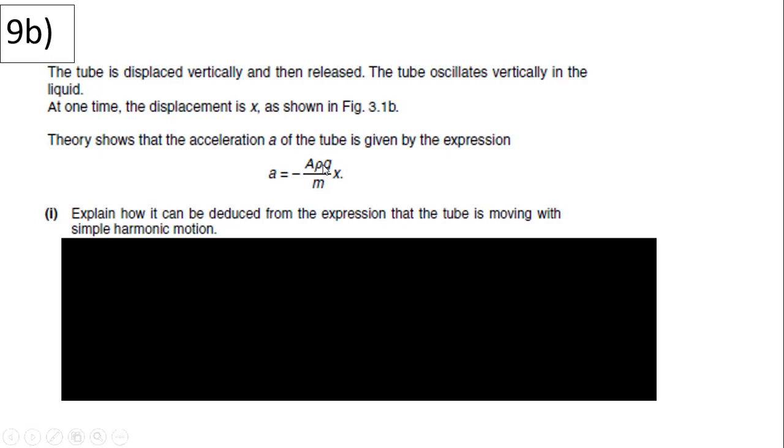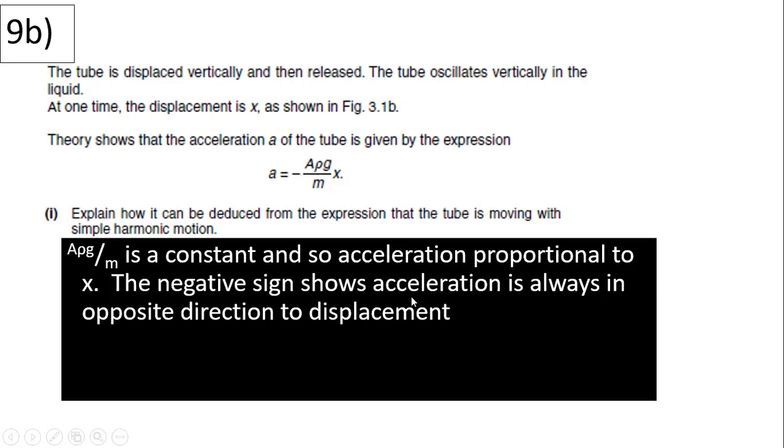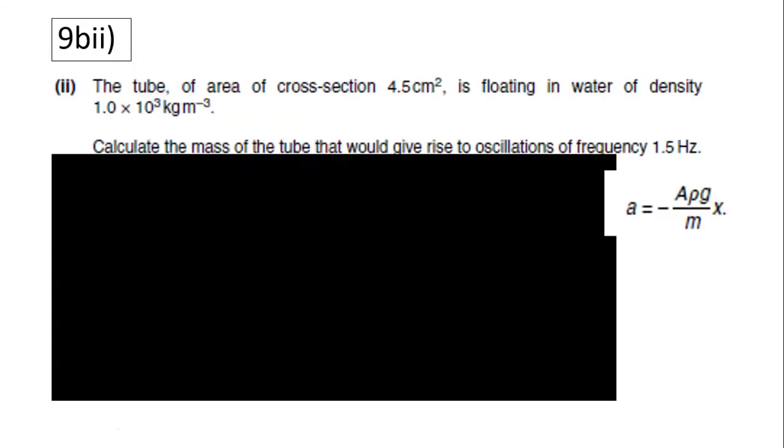A is constant, rho is constant, g is constant, M is constant. So a is proportional to x. Negative sign shows that the two are always opposed to each other. That's all you need to explain to them. Okay. The a and x are opposed to each other. Negative sign shows that a and x are opposed to each other. That's all.